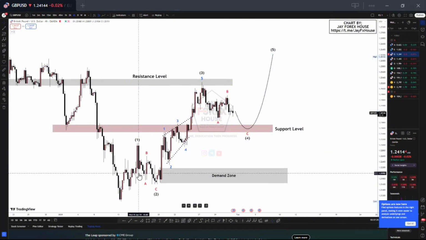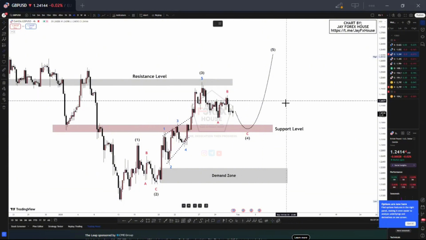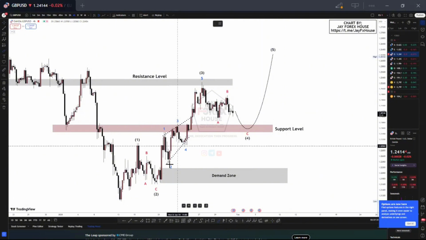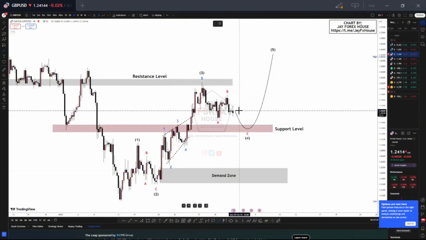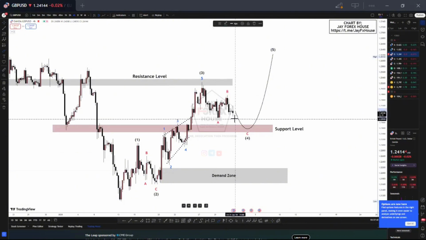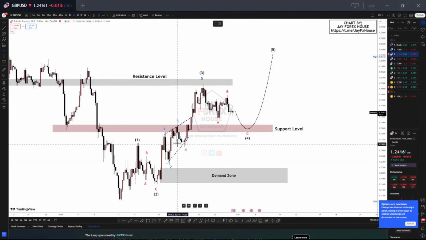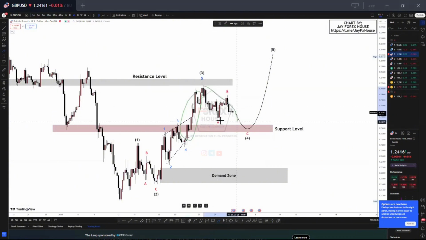Now, there's something you need to understand. From the previous episodes about impulsive and corrective structures, we understand that 1, 2, 3, 4, 5 is an impulsive pattern, and ABC is a corrective pattern. But correction is this, okay? And what's impulsive? This is an impulsive move, and this is a corrective move.